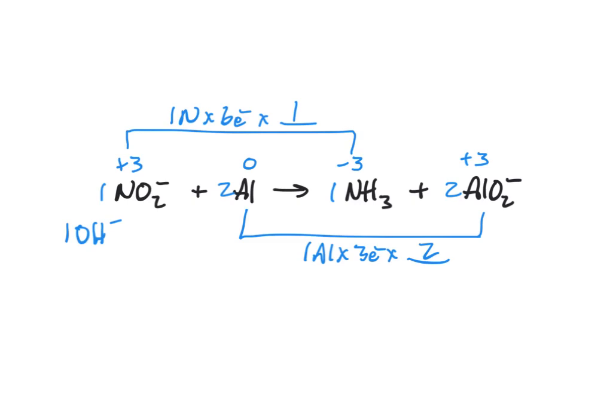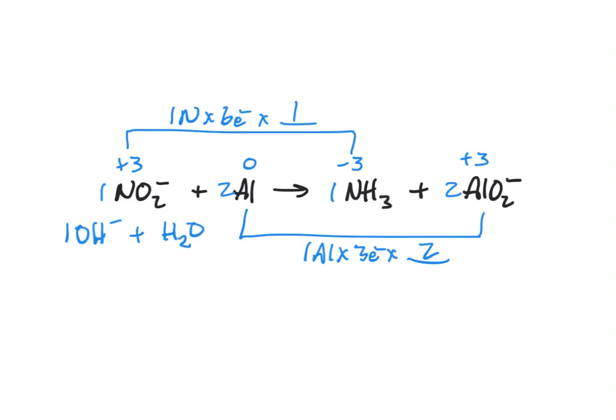So now let's see what I've got to do. Let's talk about the hydrogens. I've got 1 hydrogen on the left when I put in that hydroxide, and I have 3 hydrogens on the right. So it looks like I'm going to need to put some more hydrogen on the left. So let's go ahead and put in then an additional H2O on the left.